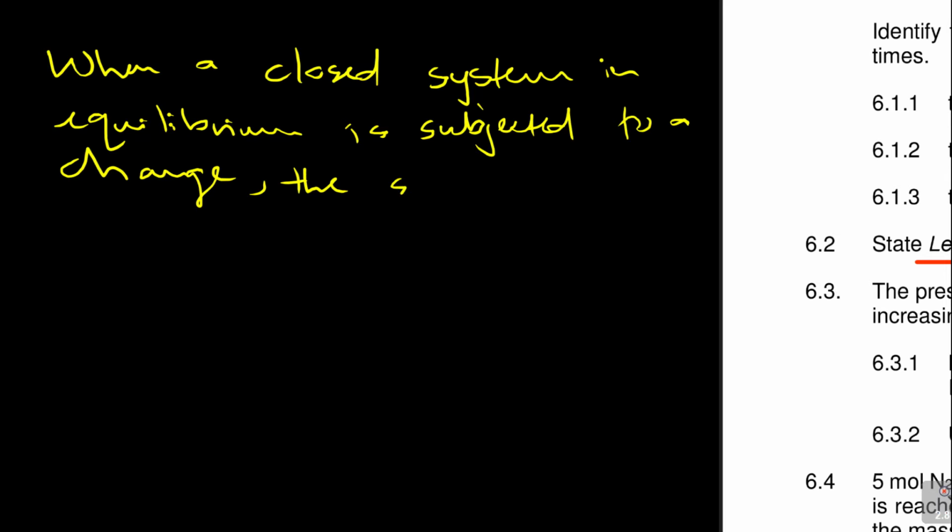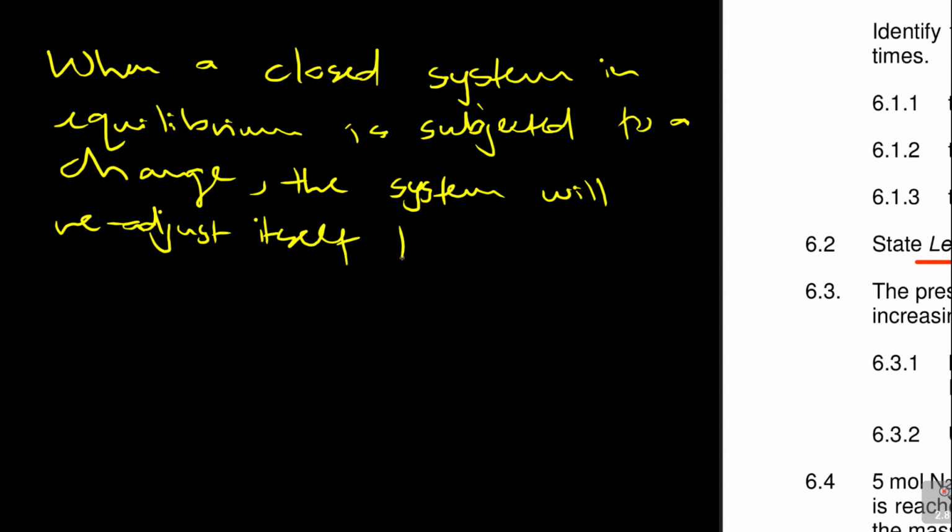The system, the second part now, the system will readjust itself to establish. You need the 2 marks, isn't it? So you just have to write everything. When a closed system in equilibrium is subjected to a change, the system will readjust itself to establish a new equilibrium.